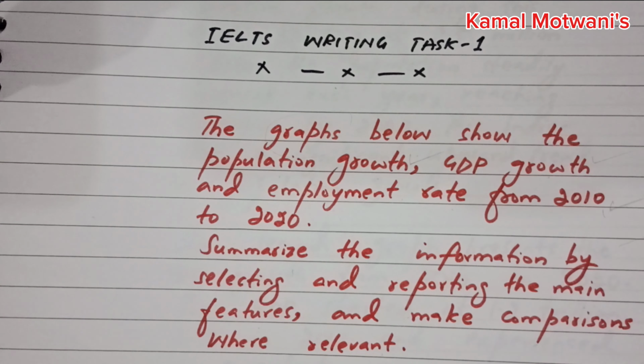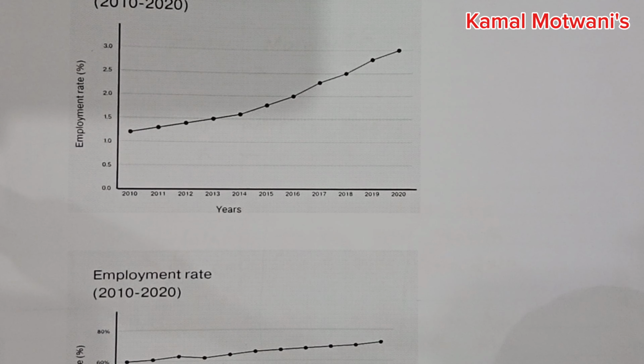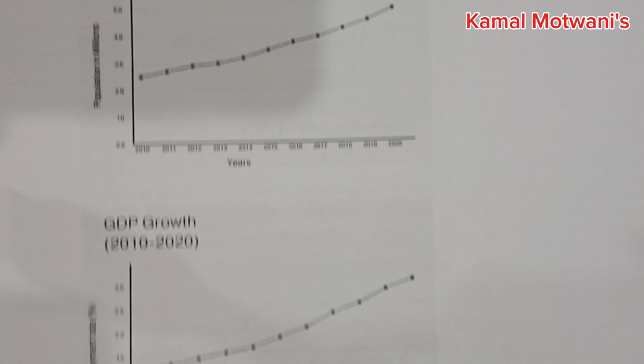The first graph is pertaining to population growth from 2010 to 2020. Another graph is pertaining to GDP growth from 2010 to 2020, and the third graph is pertaining to employment rate from 2010 to 2020.